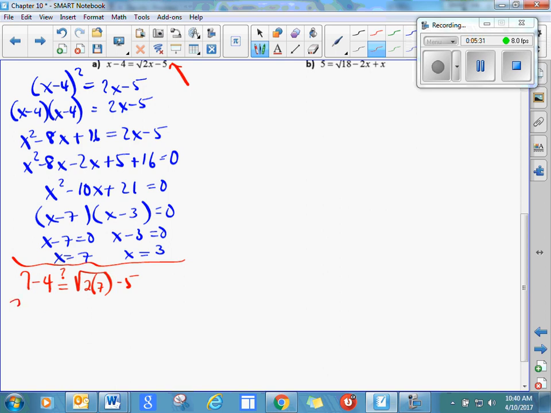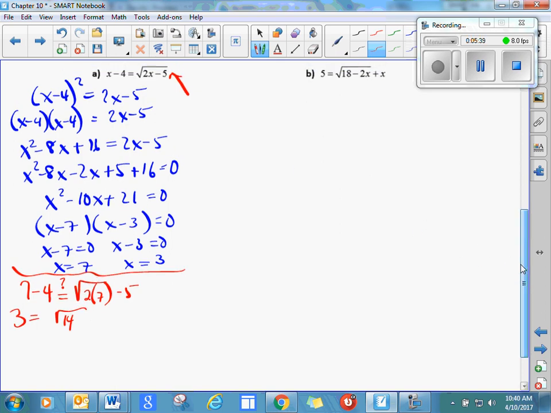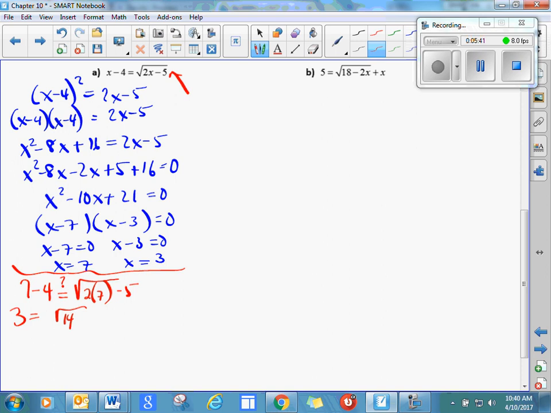So 7 minus 4 is 3. Is that equal to the square root of 14? Wait, the 5 is in there. Oops, sorry. So 14 minus 5, so that's the square root of 9, which is positive 3. So yes, this is a good solution.